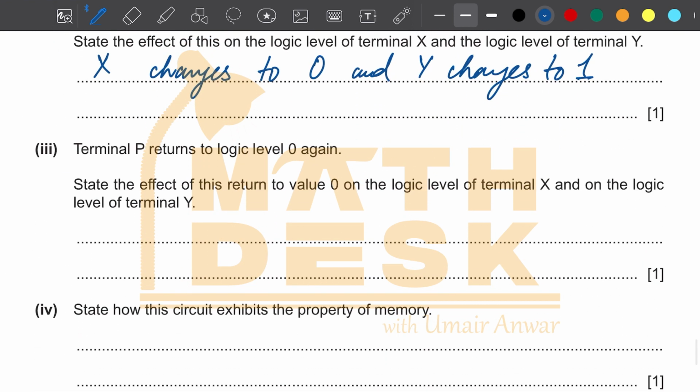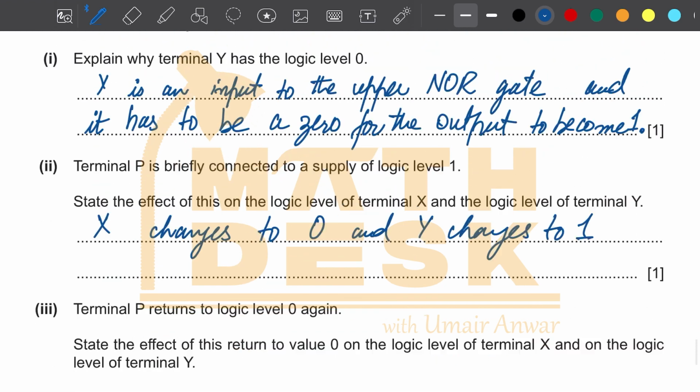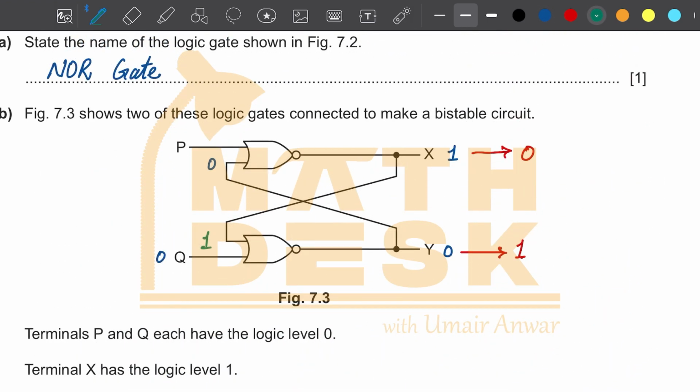The next part says terminal P returns to logic level 0 again. State the effect of this return to 0 on the logic level of terminal X and on the logic level of Y. Now for this part, P again changes to 0. So we have a 0 here at terminal P. Now the other input received by the P has now changed to 1. So there are two inputs because this output changed to 1.